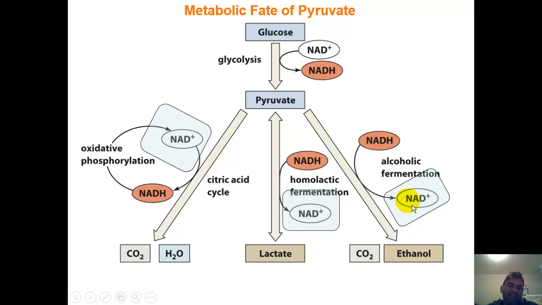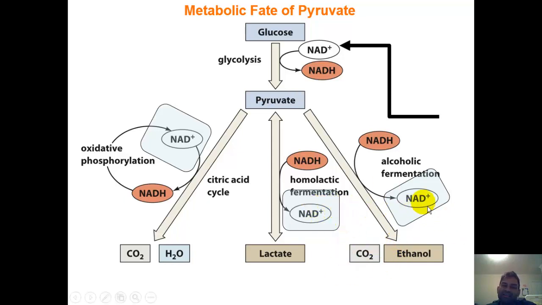So why am I telling you this? Forget about the aerobes for a minute. Forget about the mammals. Let's focus on the bacteria. What's the purpose of taking pyruvate and converting it to lactate, or converting it to CO2 and ethanol? What I want to tell you is the NAD+.